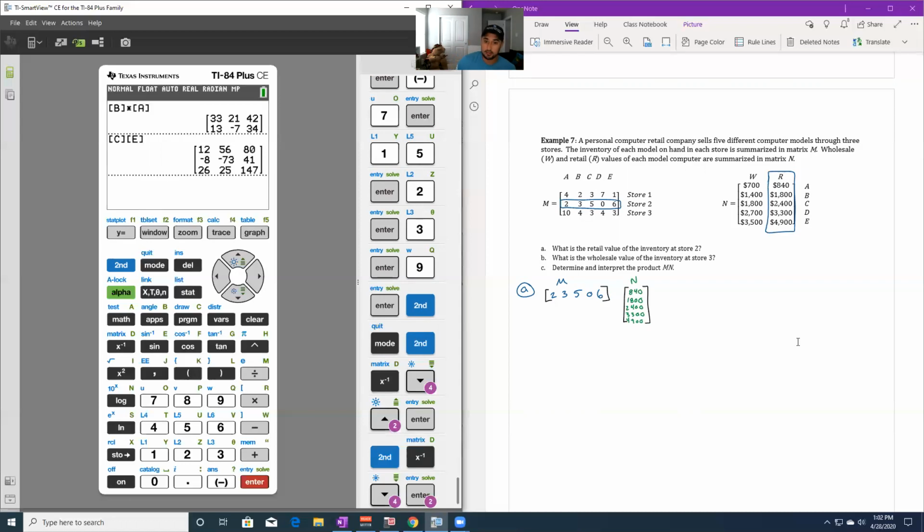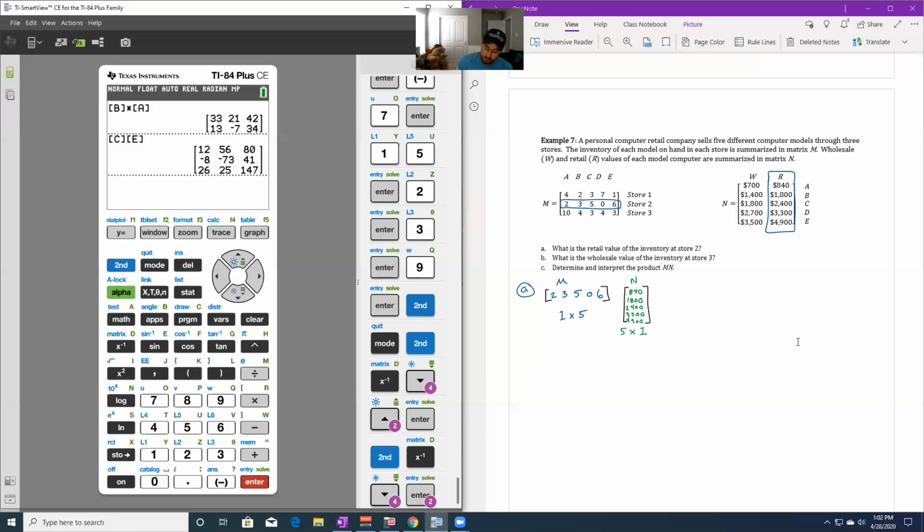Okay, well, let's look at our dimensions. Matrix M is 1 row by 5 columns, so this is a 1 by 5. Matrix N is 5 rows by 1 column.